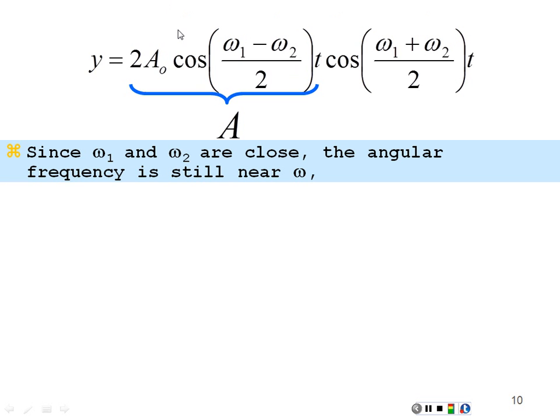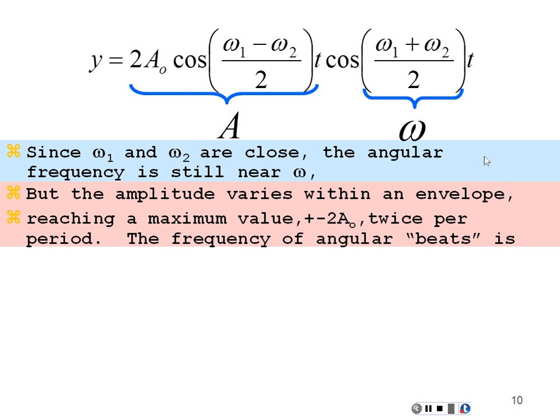But over here we have an amplitude that depends on the difference of the angular frequencies divided by 2. And the amplitude can go as high as twice the amplitude of the interfering waves. So we'll have a maxima of either positive 2a naught or negative 2a naught every period.